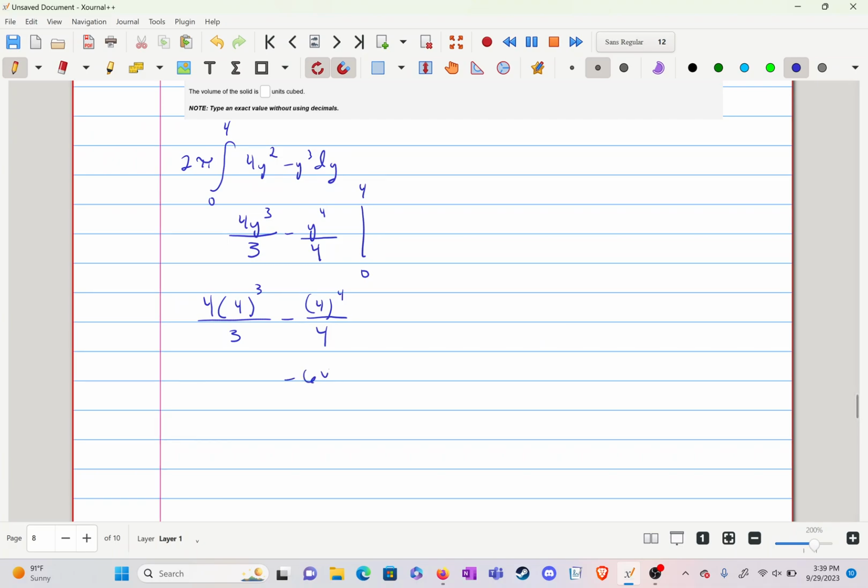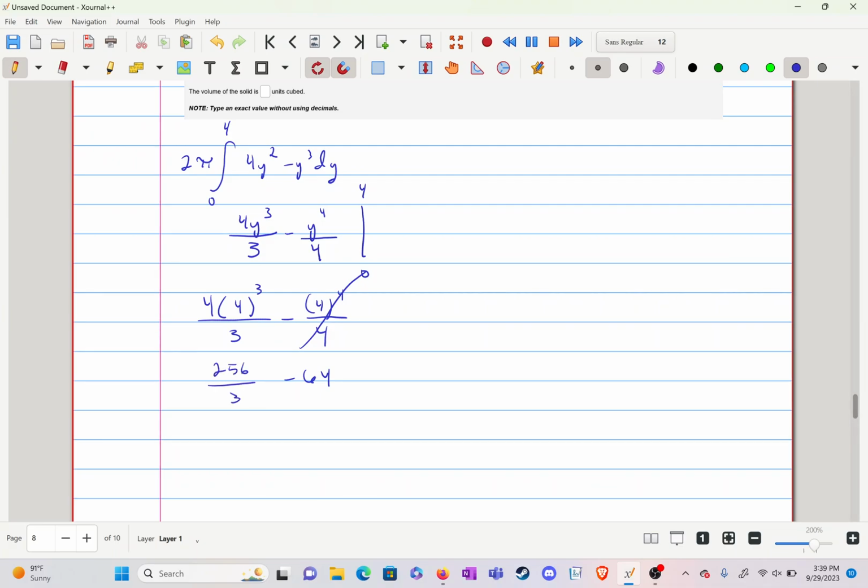We have a minus 64 over here. Boom. And then we have 4 cubed is 64 times 4 is 256 again, this time divided by 3. So 256 over 3.